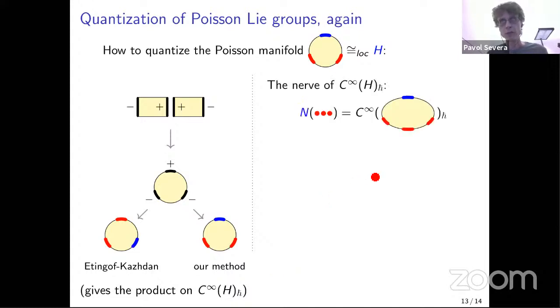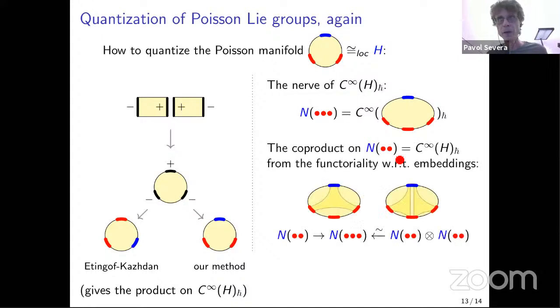And one reasonable idea is to look at other moduli spaces. So let's look at this one where we have now three red arcs. When we think of it, this guy is now actually Poisson isomorphic to H times H. So this is a way how to get it.